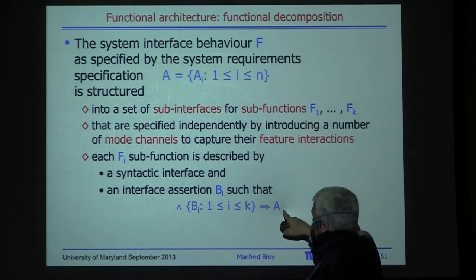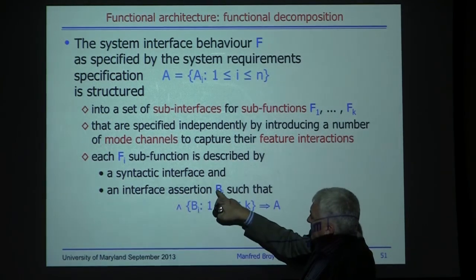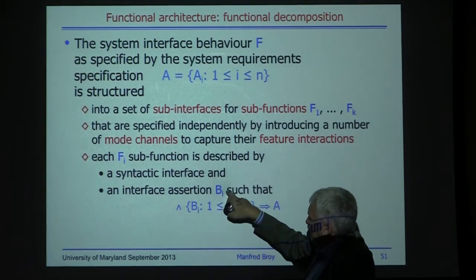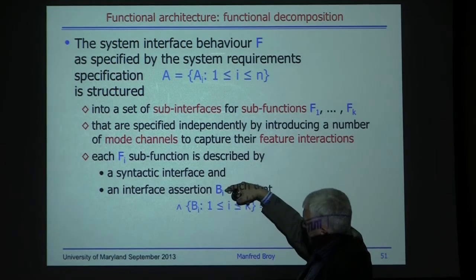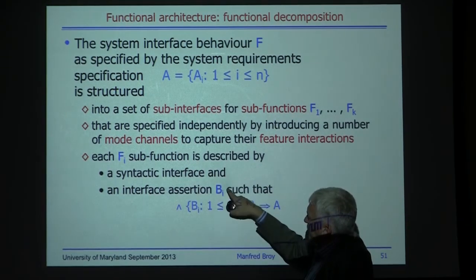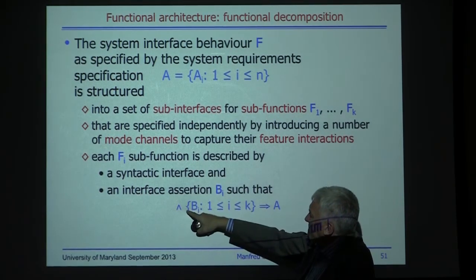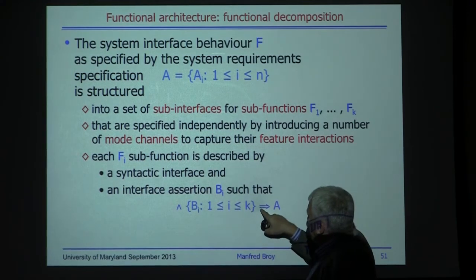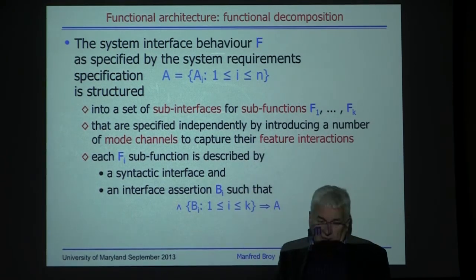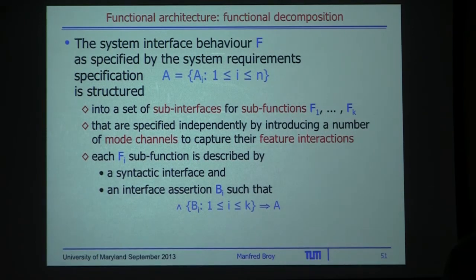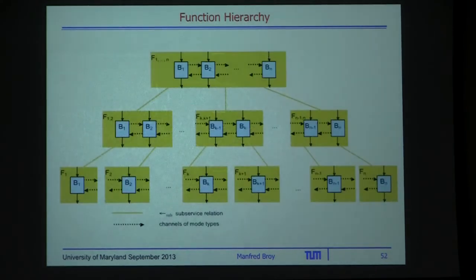And now this property says, if we describe each function independently, together with their mode channels, as I've introduced them, and I do a logical and over those, they have to imply the requirements for the system originally. This would be the way to prove the correctness of the functional decomposition of a system with respect to the requirements.